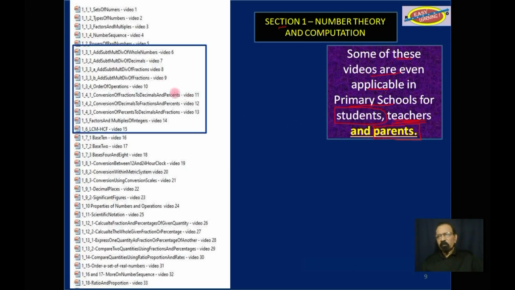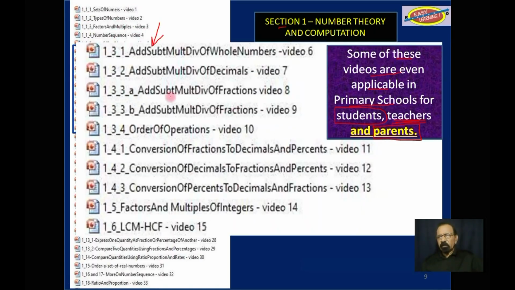For example, if we expand this blue box here, you will notice video 6, it says add, subtract, multiply, and divide whole numbers. This is work that is done in grade 3 of the primary school. And then video 7, add, subtract, multiply, and divide decimals, grade 4 work.